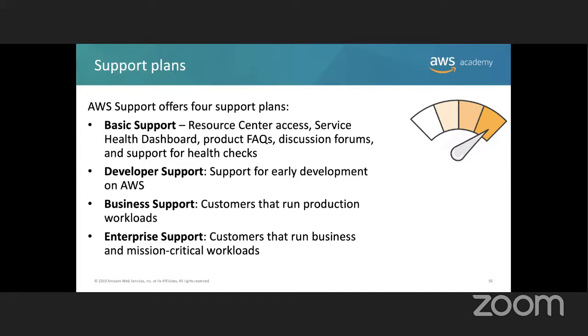That's the moment that you need a business support plan if you want to get support, right? Now you have the enterprise support, which is for customers that run business and mission critical workloads. So if your business is very important and critical, with a workload that is super important, you better get this plan, okay? But of course you have to afford it, right?